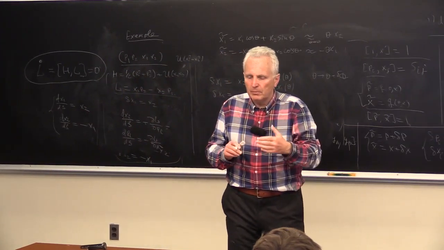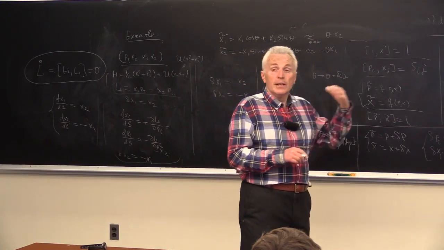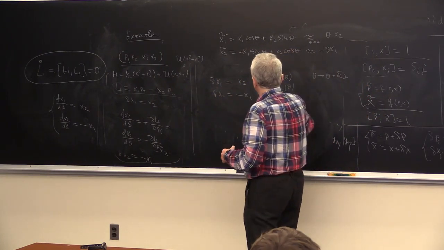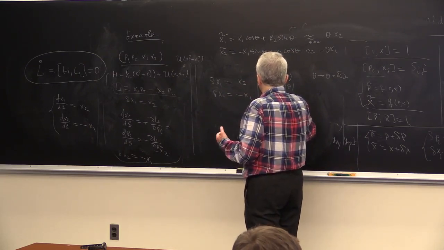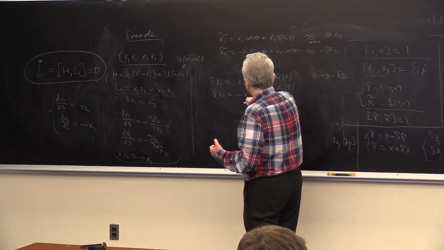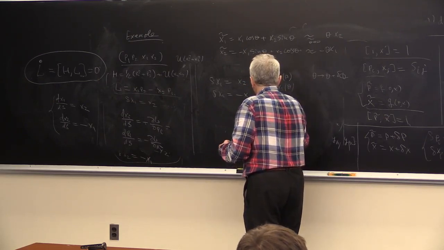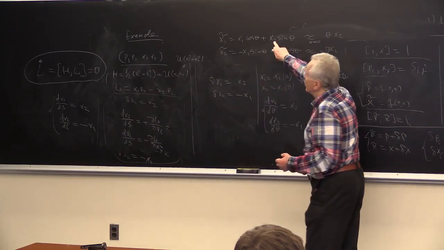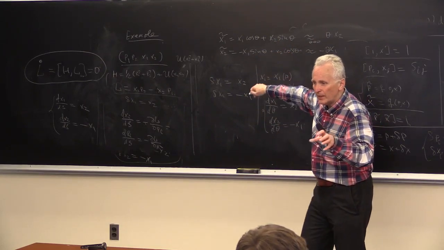Let me say it again. When you have a group of transformations and you know the infinitesimal transformations of the group, you can integrate them to the finite transformation. How do you do this? You introduce a parameter, and this simply translates to saying that the change of x1 from theta to theta plus d theta is x2, and dx2/d theta is minus x1, and then you solve these differential equations and you get this formula. That's how you integrate.